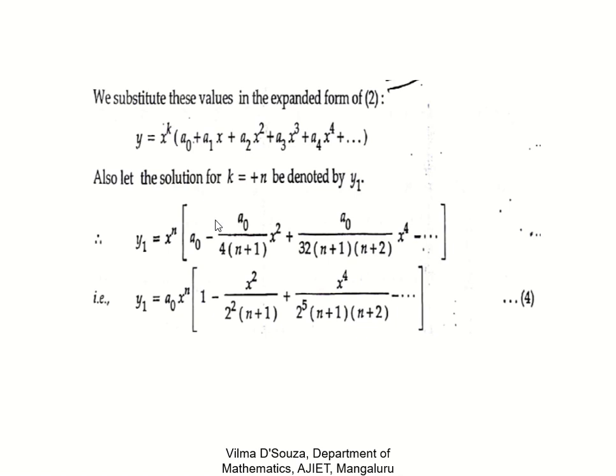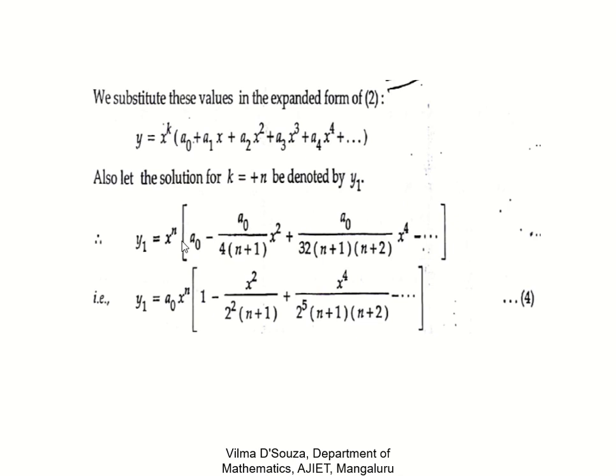What is A2? Minus A0 divided by 4 into n plus 1 into x square. The next term becomes 0. Substitute for A4: A0 divided by 32 into n plus 1 into n plus 2 into x power 4 and so on. Here you can observe all the terms are in terms of A0.